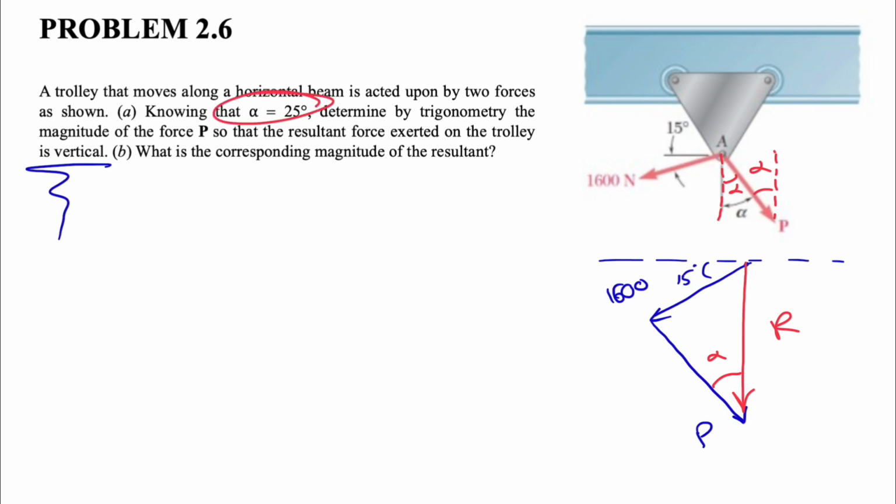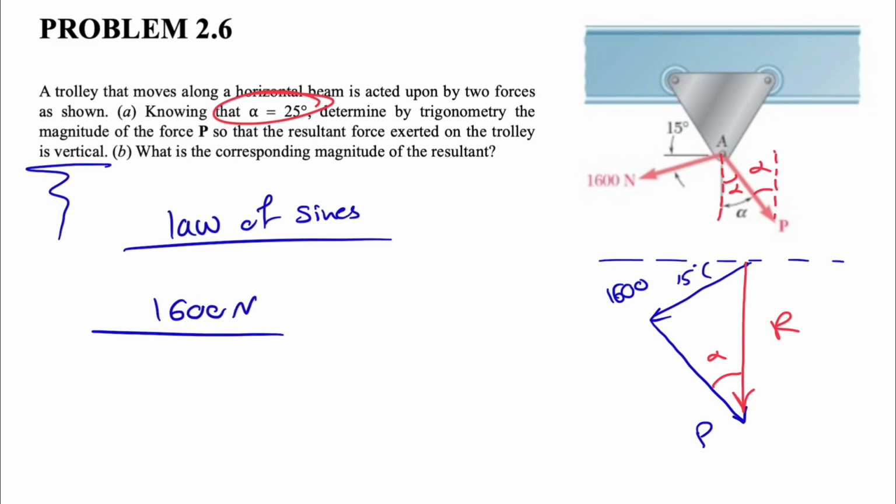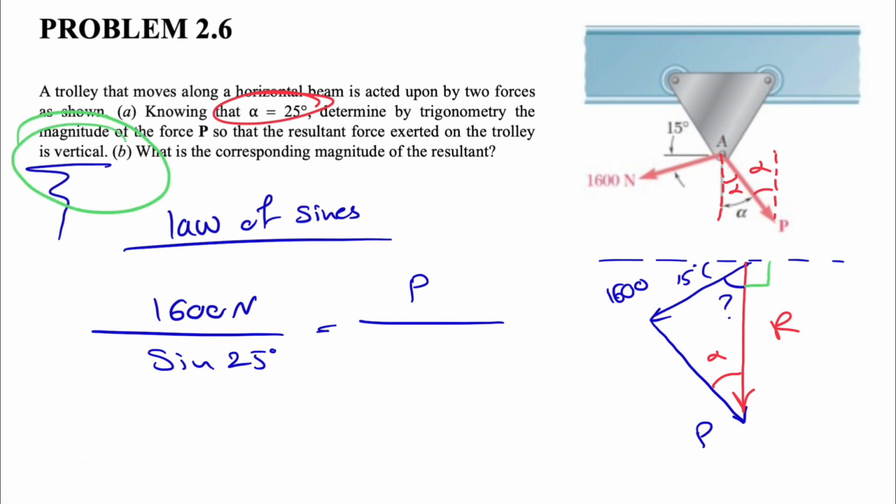So now we are good to go to use our law of sines. Here we have 1600 Newton divided by the sine of the angle in front of it, which is alpha, or 25 degrees, and we have P divided by the sine of this angle over here, which we can figure out. Since our R needs to be vertical, that means this angle is a right angle, or 90 degrees.